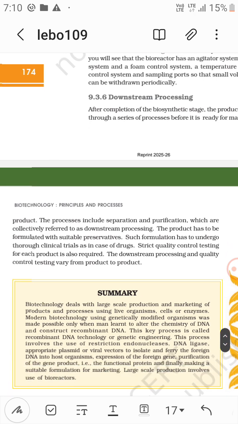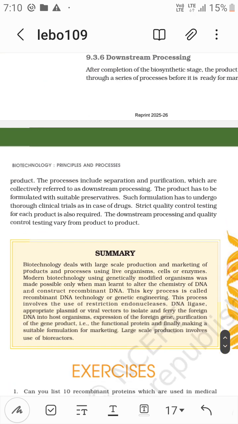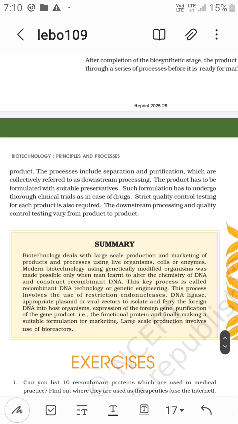The processes include separation and purification, which are collectively referred to as the downstream processing.